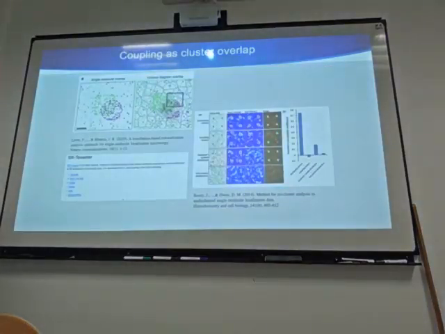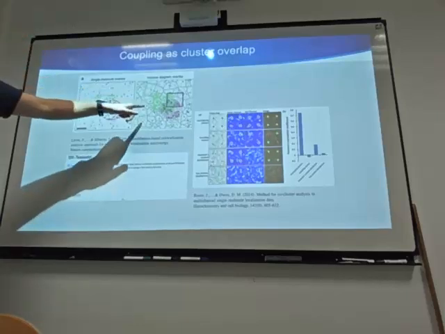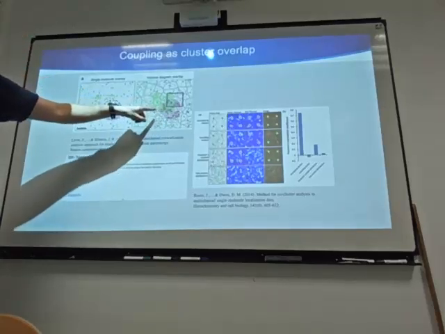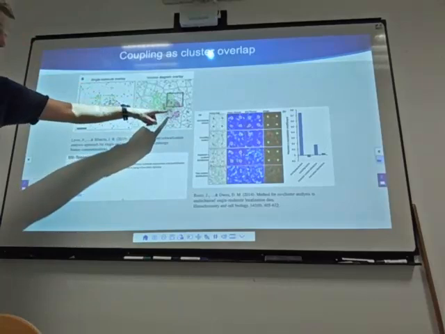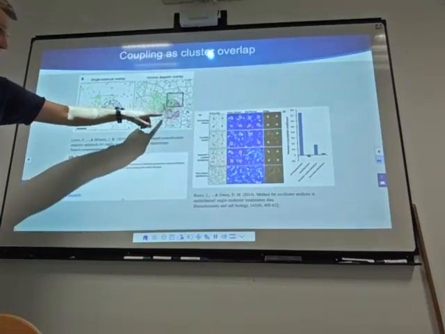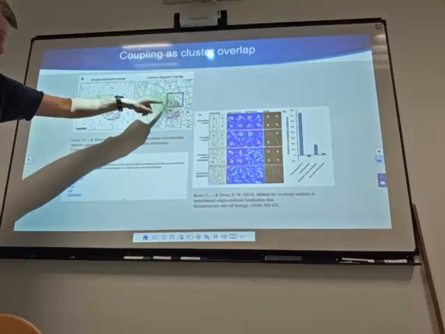I just mention other methods to look at the coupling, especially if you use a cluster analysis, then you can look typically at cluster overlap. Here, this is a paper based on Voronoi tessellation, so you can define some clusters. I recall that the clusters are regions with small adjacent Voronoi cells, here in purple and green.